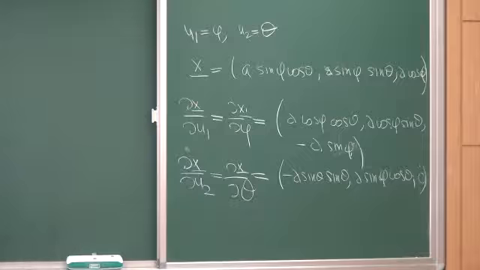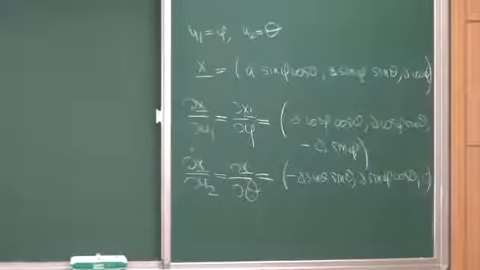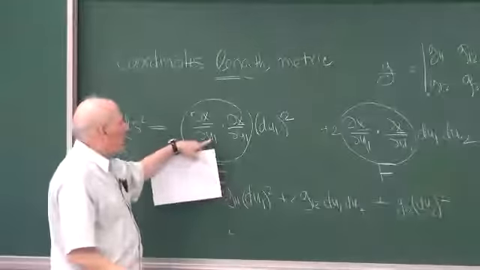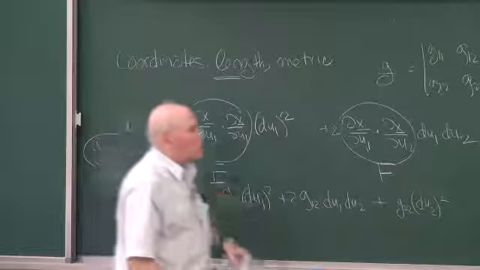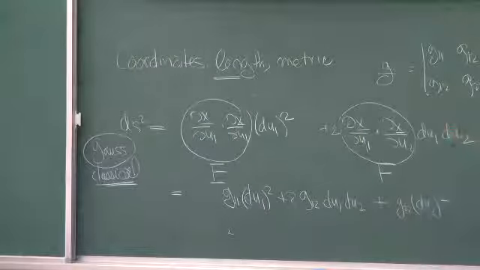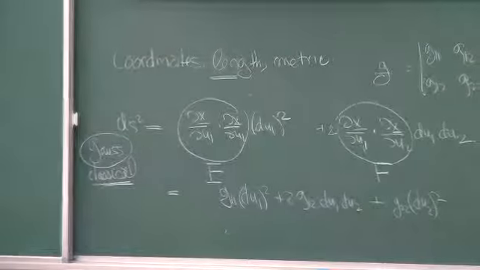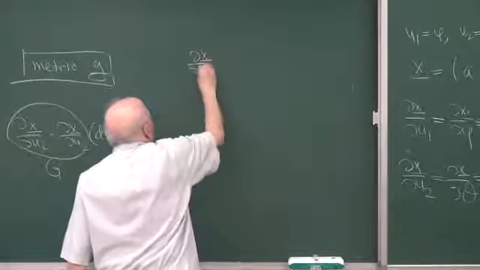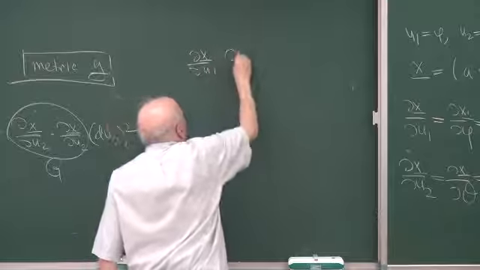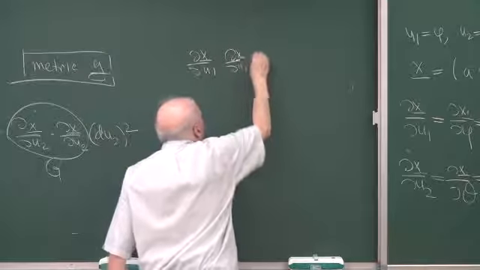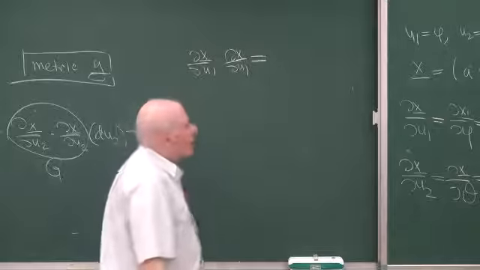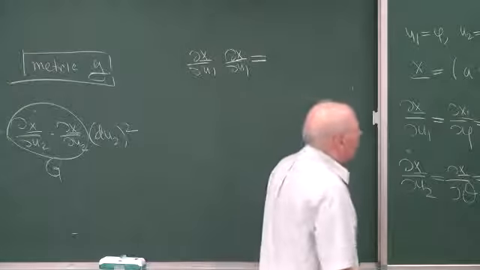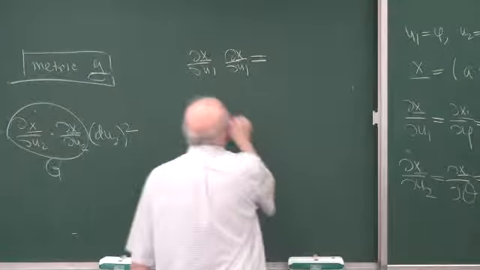So how do I find G11? That means I have to take the dot product of U1 with U1. So U1 with U1 gives, let's see, a squared, just square everybody.